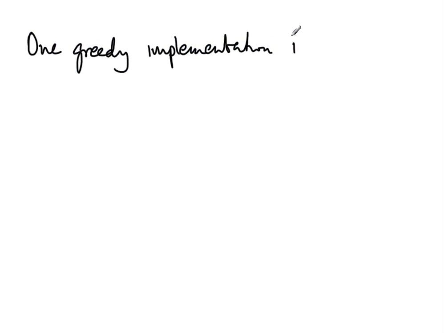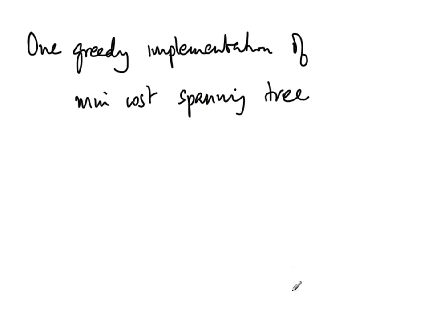So in summary, we have found one greedy implementation of the minimum cost spanning tree, and this is Prim's algorithm.